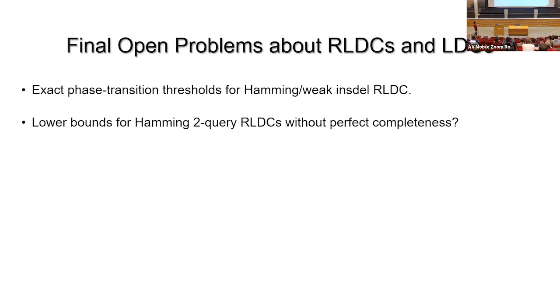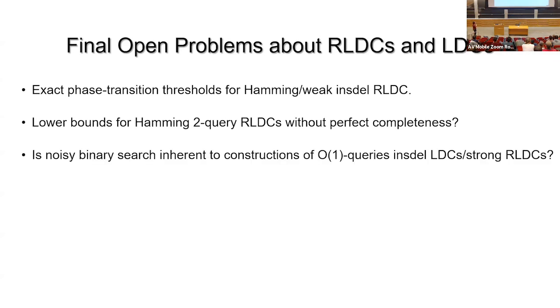One property that we use heavily in the lower bound proof is perfect completeness: we want to always decode correctly if there is no error. The lower bounds for larger Q from the literature, Lachish and Gur, hold without perfect completeness. So one open question is, can one again get exponential lower bounds if we don't enforce perfect completeness?